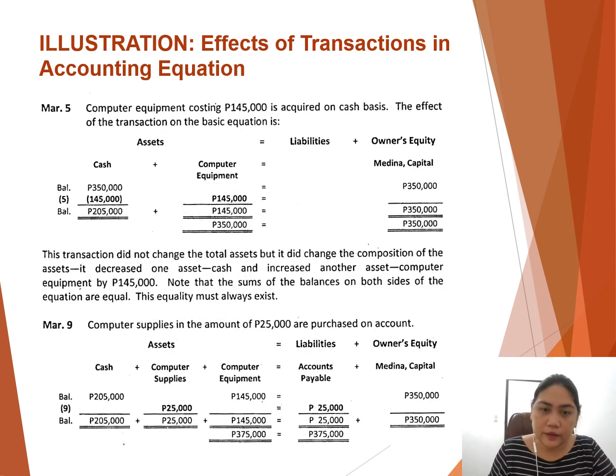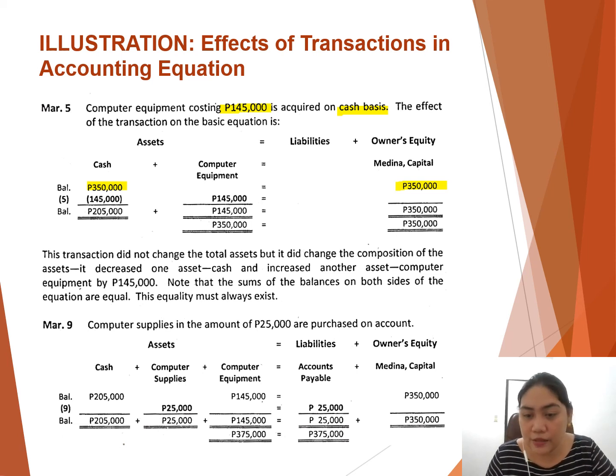Okay. Next. Ito naman. Computer equipment daw bumili. Anong ginawa? Binayaran. So, nakita natin dito, di ba may balance na tayo kanina? Yun yung nauna natin. Ito yung transaction ngayon. Sabi dyan, 145,000 daw binayaran niya kasi yung computer equipment. So, ano mangyayari? Plus o minus?